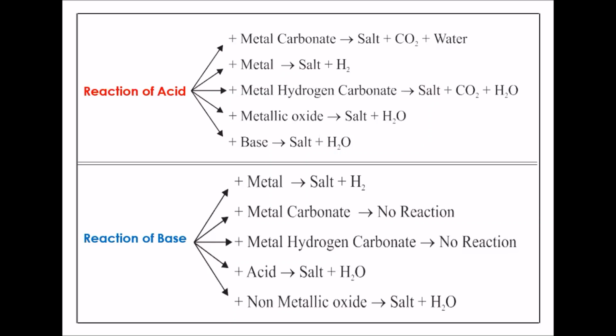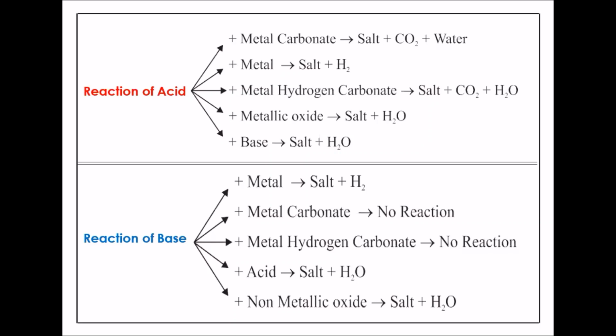Next, base plus metal carbonate gives no reaction, that reaction is not possible. Next, base plus metal hydrogen carbonate gives no reaction. Fourth one, base plus acid gives rise to salt plus water. Of course, that is a neutralization reaction, we have just interchanged the reactants. Acid plus base is equal to base plus acid, isn't it?